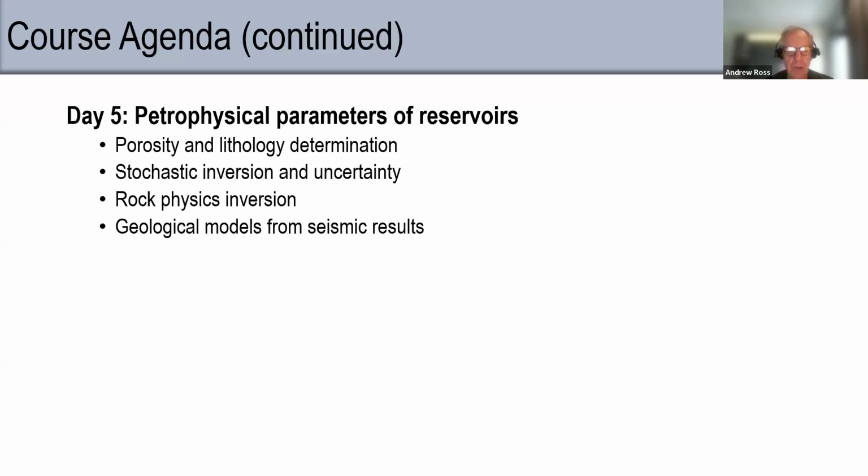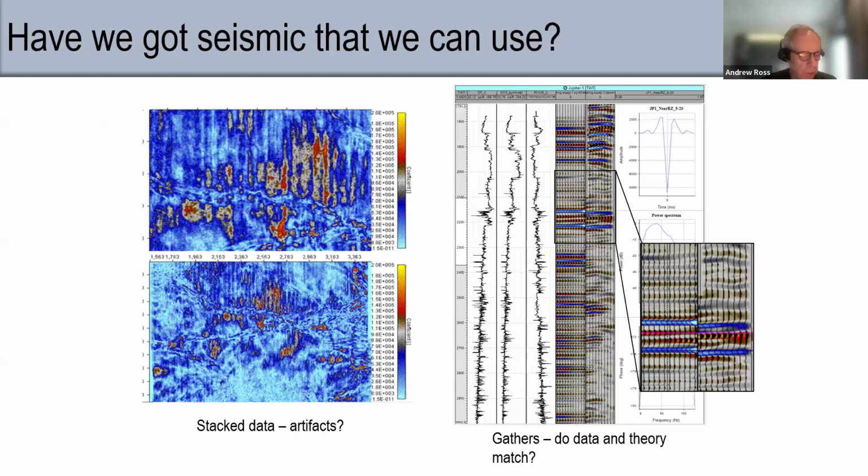If I'm building a reservoir model and I've got time-lapse data, does that match the production? And if it doesn't match the production, what's going on? So can I build a better geological model using the seismic data? So this would be sort of time-lapse. Just some topics that are of interest here.